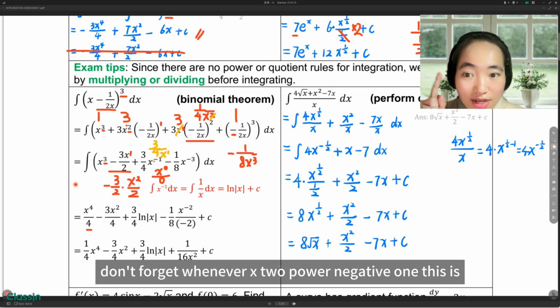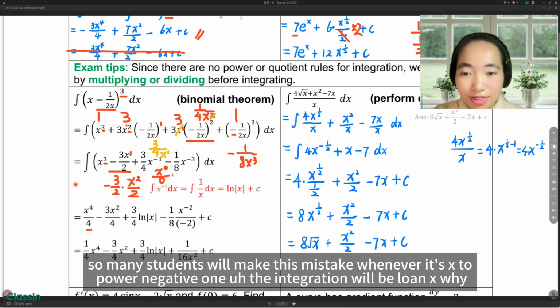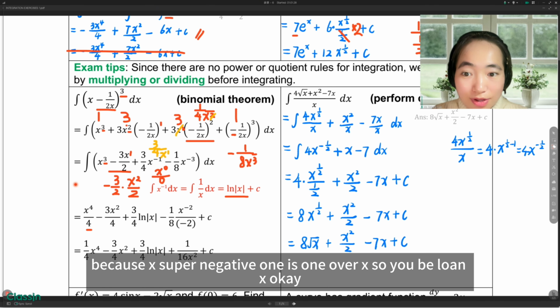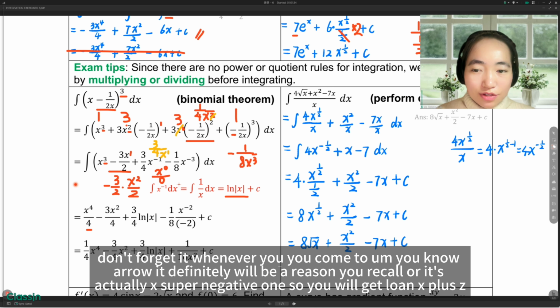Don't forget, whenever it is x to the power negative 1, so many students will make this mistake. Whenever it's x to the power negative 1, the integration will be ln x. Why? Because x to the power negative 1 is 1 over x, so it will be ln x. Okay, whenever you come to this error, there definitely will be a reason.